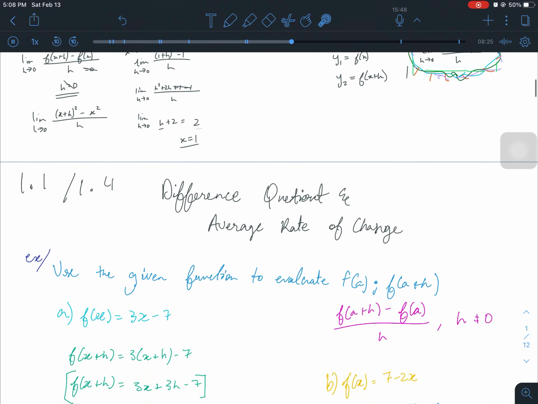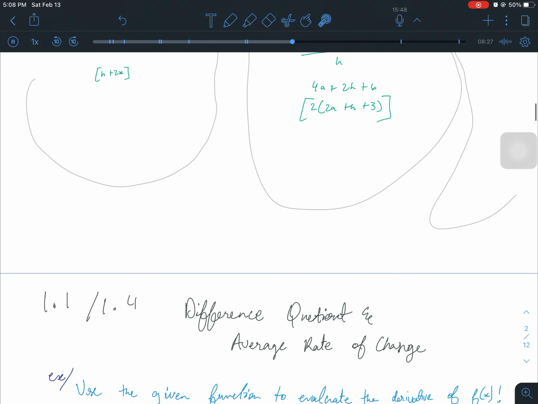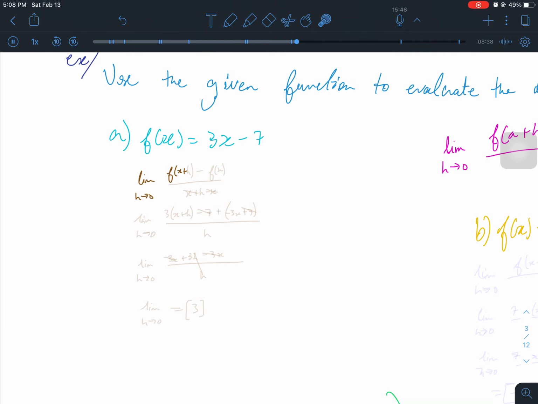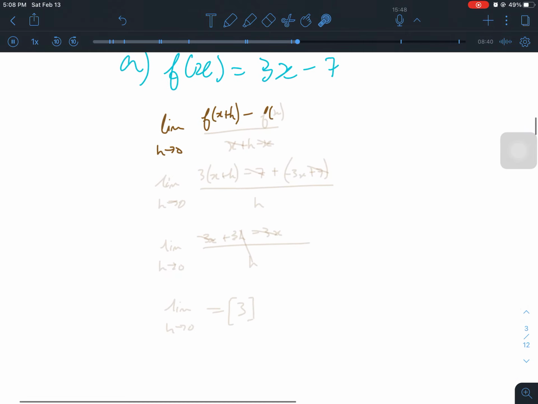Now let's look at some practice problems, right? So f of x, right? Let's use our equation. Limit of h approaches 0 of f of x plus h minus f of x over x plus h minus x.